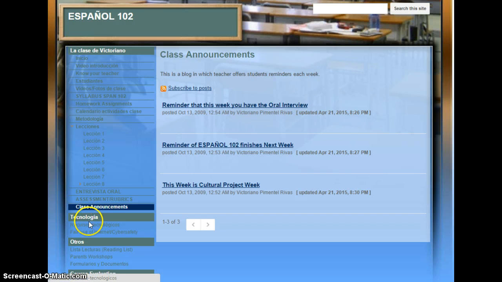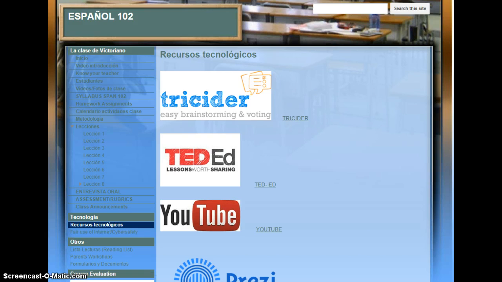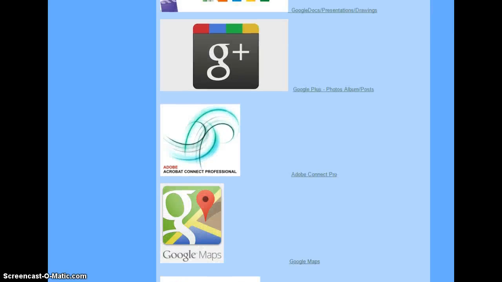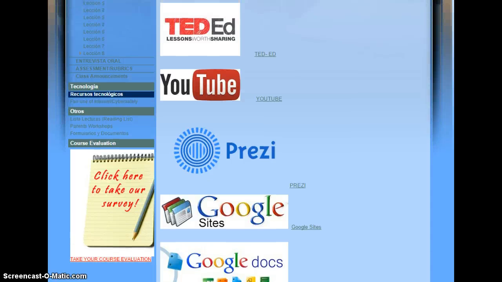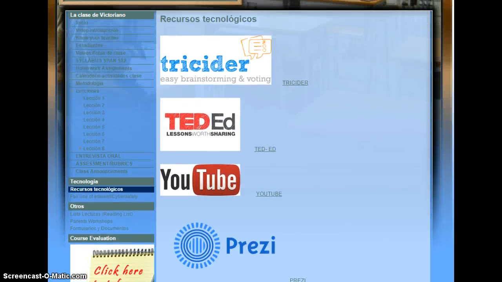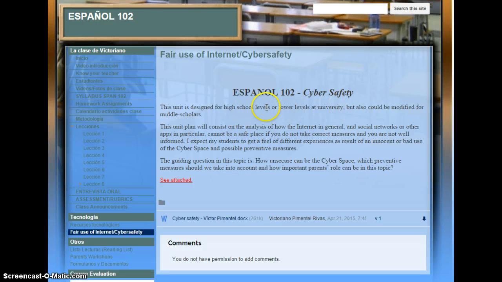A section for technology is so important because here I present the different links with the different resources we are using. Students can learn, can use other resources, but here they have a guide to follow. And the first use of internet or server safety, because they're very important.